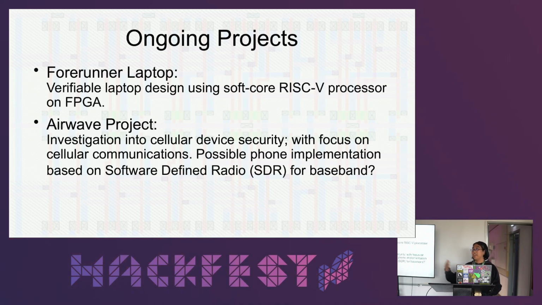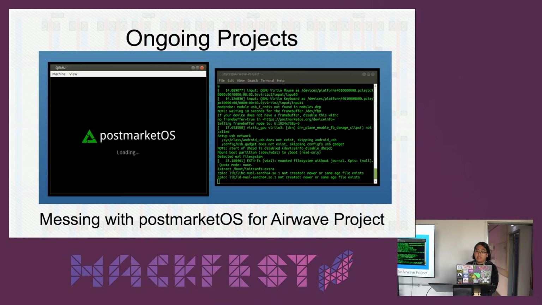Another project is the Airwave project, which is in a similar vein, but we're looking into things like mobile security. How can you be sure that your baseband firmware, the baseband processor, is actually clean? We are looking to eventually use postmarketOS for the Airwave project.